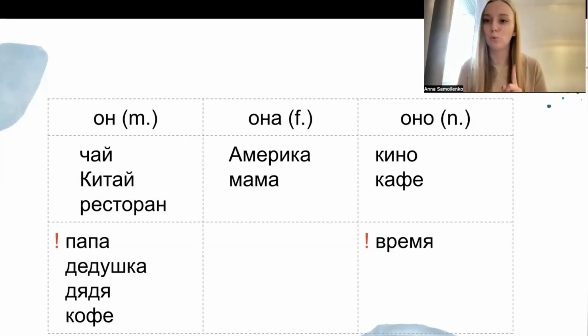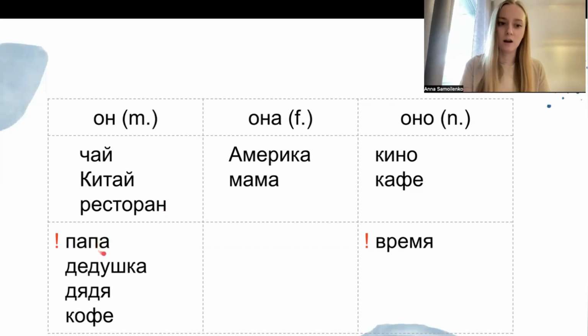But there is one он, because папа is animate, and it is a masculine person. Father, it's he. We cannot say that father is she, right, in English. So it can be strange if we put it in feminine. That's why it's an exception. So папа, even if it ends on a, is father, it cannot be she. That's why it's он.